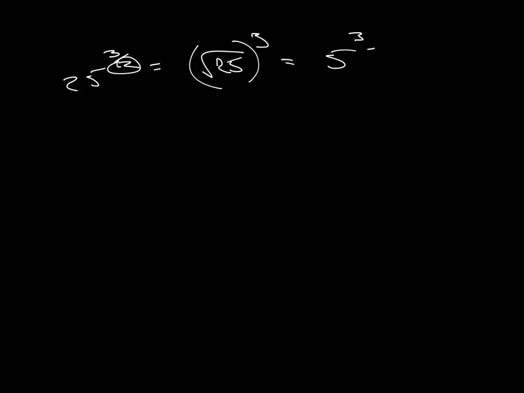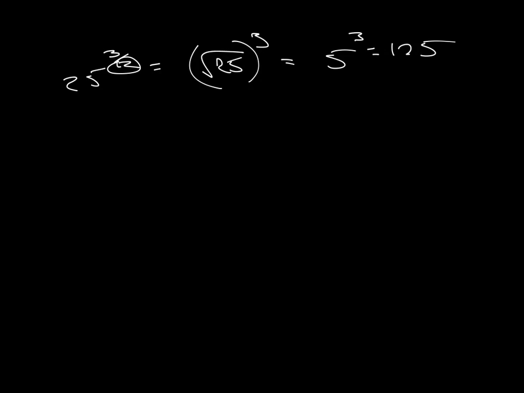I personally like 25 3/2 equals square root of 25 cubed. So I write it in radical form using 2 as my index, and then square root of 25 is 5 cubed equals 125.